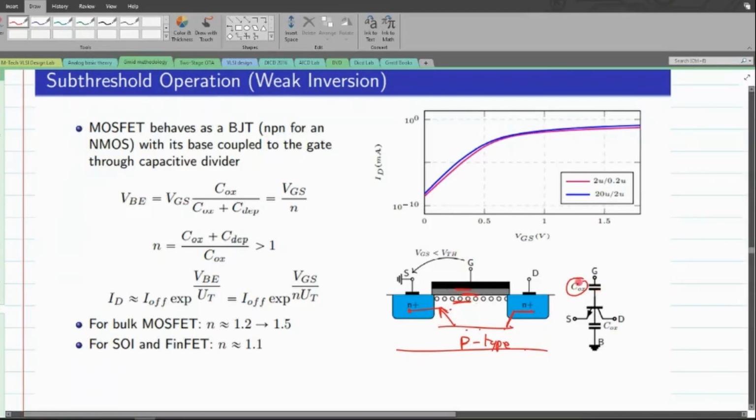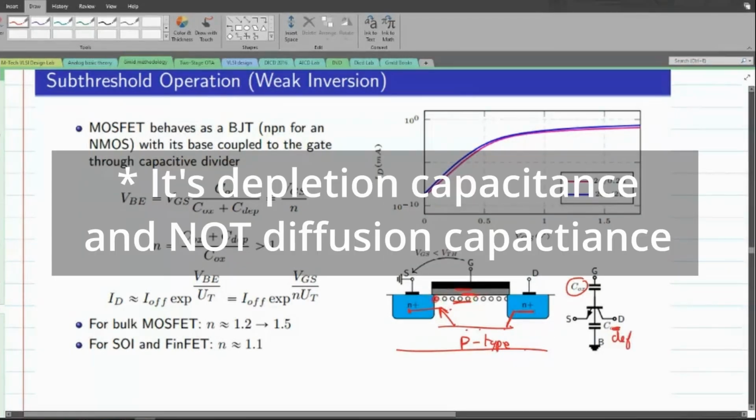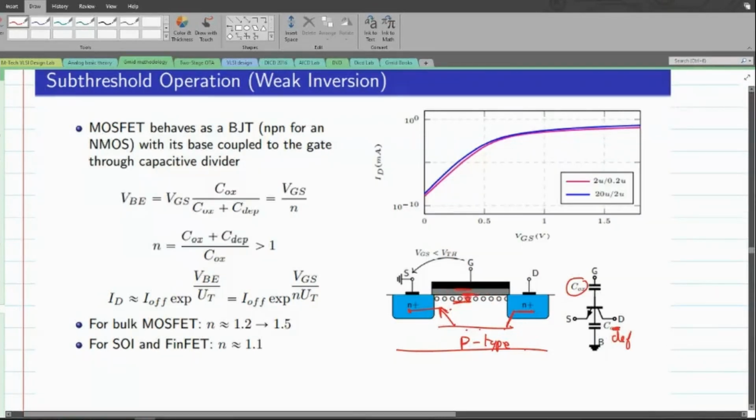Due to which we have two types of capacitance, maybe this one is not COX, it is C diffusion. Because of this layer of immobile ions, we have one more capacitance connected from this interface towards the body of our transistor.